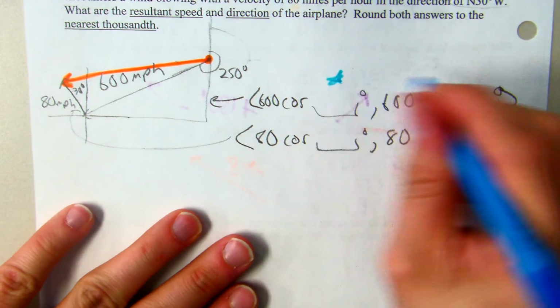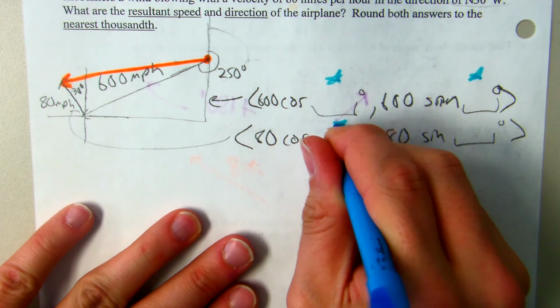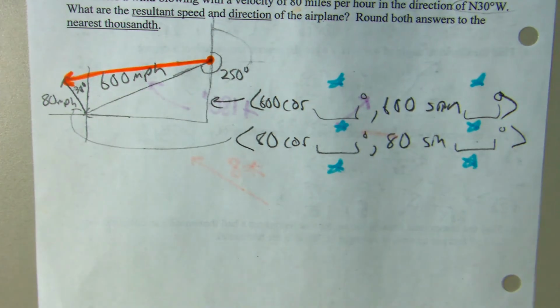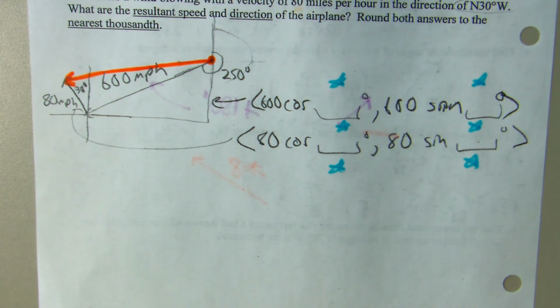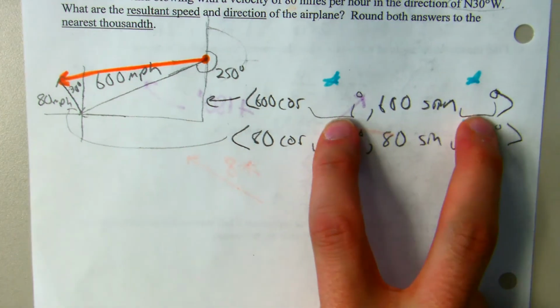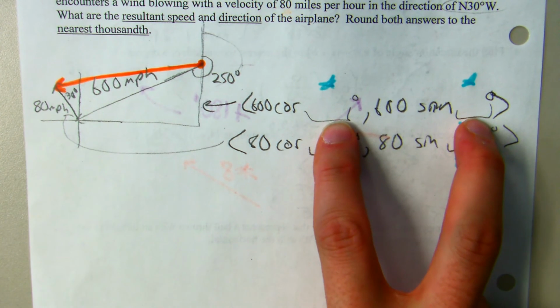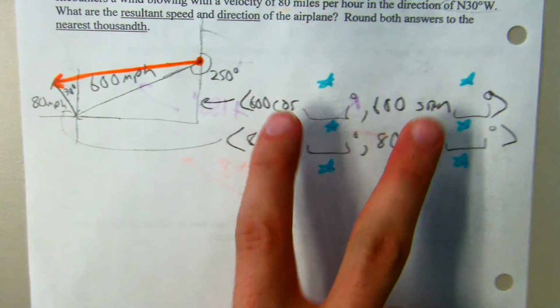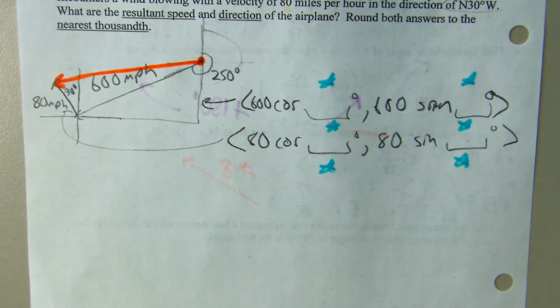And it is probably the most common mistake on quizzes and tests. You need to highlight this as something that you need to review. I know it's tempting to throw in 250 here. 250 is not right. 250 is the bearing. I'm about to type this in my calculator, and my calculator has no idea that I'm wanting to do bearings all of a sudden.